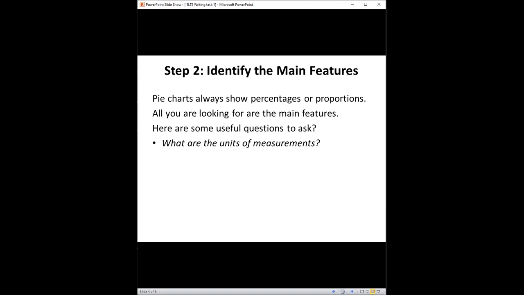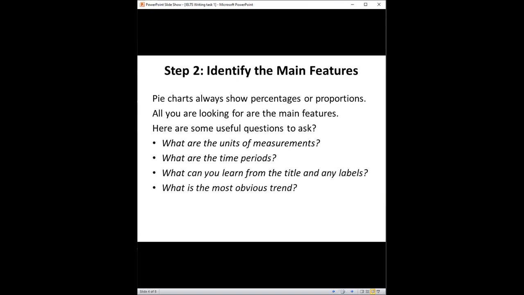What are the units of measurement, and are there any notable similarities? Pie charts generally have titles and labels, or sometimes a key instead of segment labels, as in our practice question. The key explains what each segment of the pie chart represents.